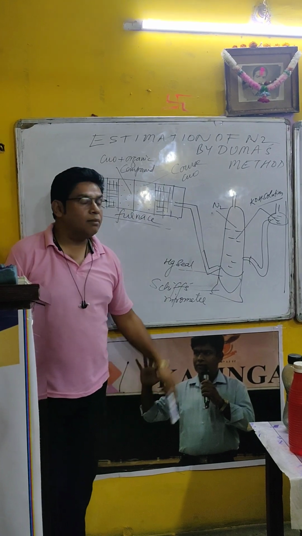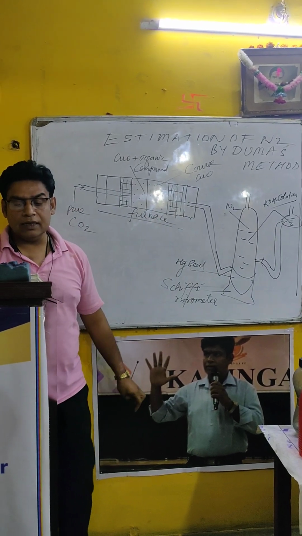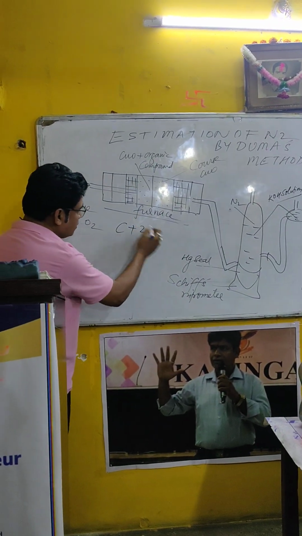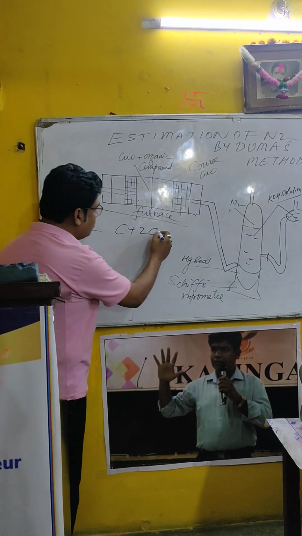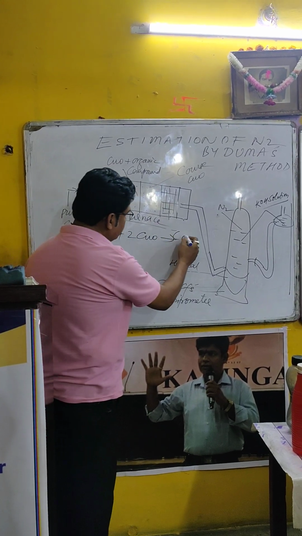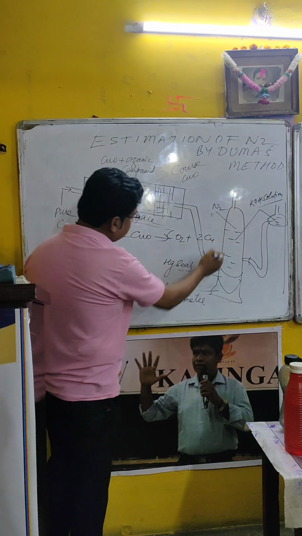Now coming back to the method of this process, suppose we have C plus 2CuO. Let us see what it forms. Obviously CO2 plus 2Cu.